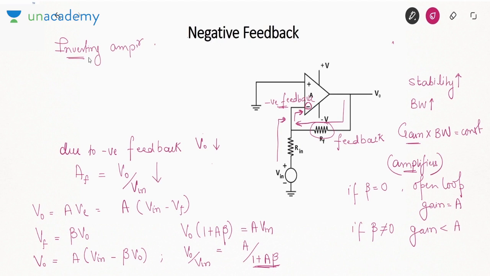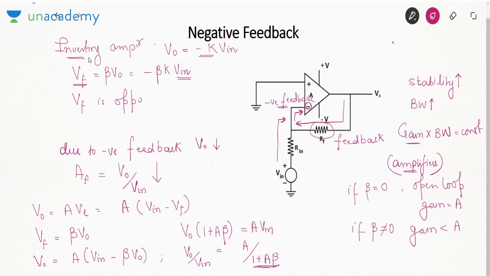So what kind of amplifier is it? Inverting amplifier. Which means V0 is minus gain into Vin. It is opposite to Vin, which means the feedback voltage, which is beta V0, is minus beta A Vin. So that means feedback is opposite to Vin, and hence it is negative feedback.